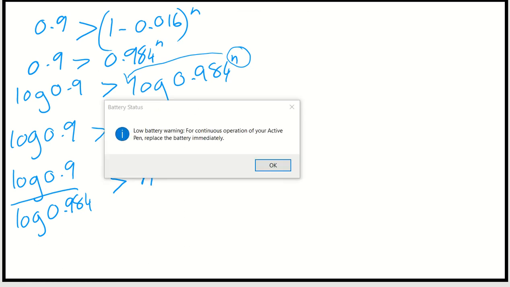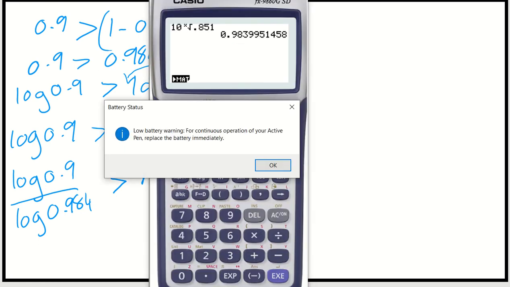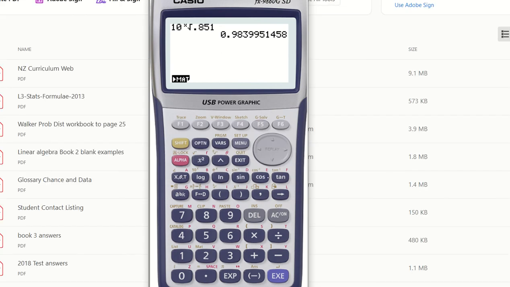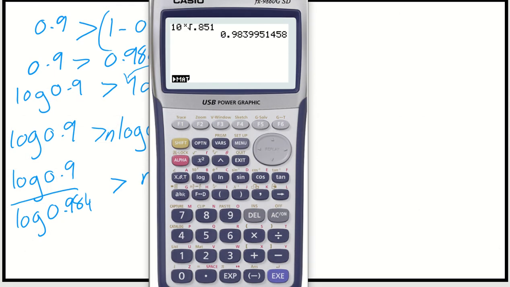Now I need my calculator. Okay, I want to do log of 0.9 divided by log of 0.984, and that gives me a value of 6.5.